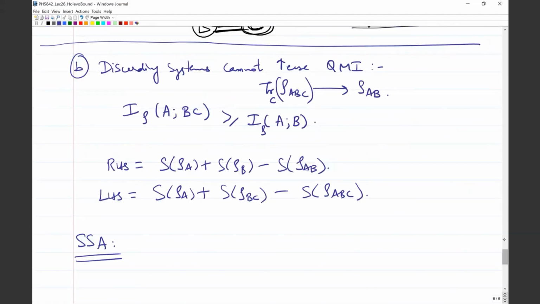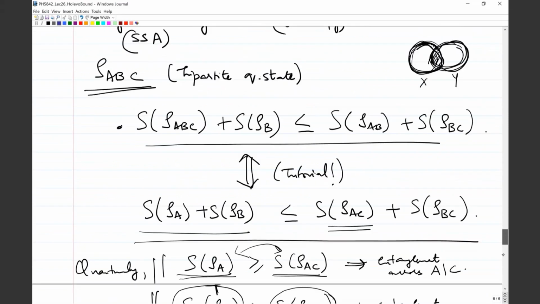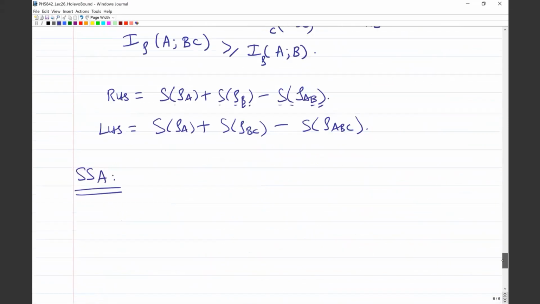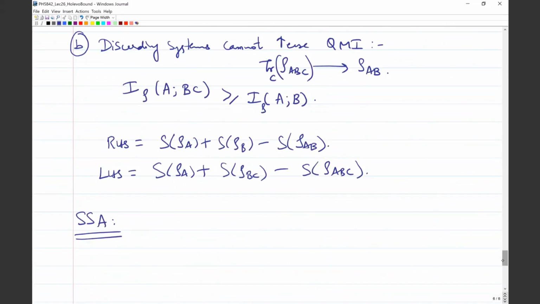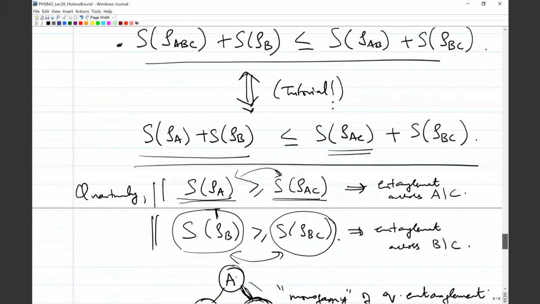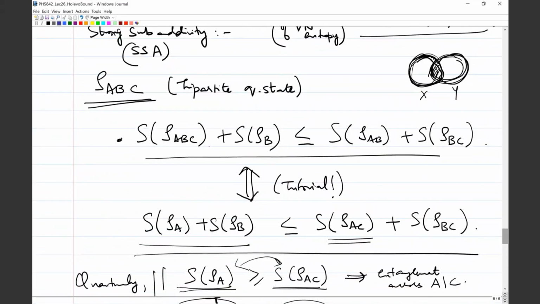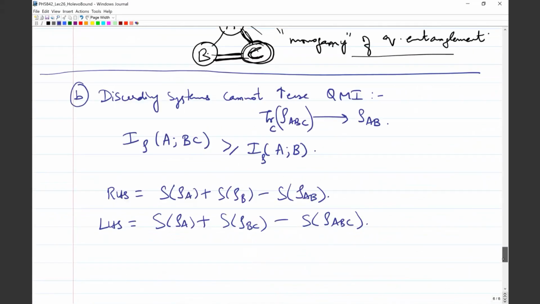What does SSA tell you? Let me take the left hand side and work my way through this via subadditivity. So what do I have in subadditivity? It's basically like I flipped the sign around. I have A plus BC.